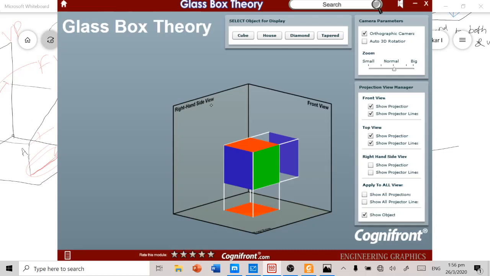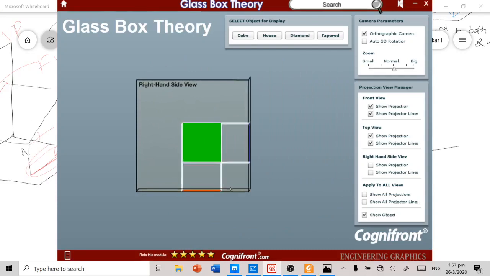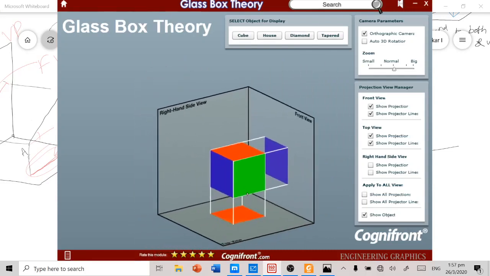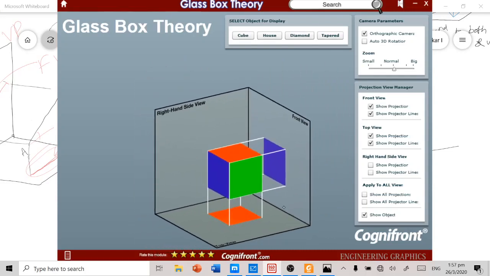Later we can use this auxiliary vertical plane in order to project the side view of the object. Now, front and top views only we are going to practice at the beginning, so just concentrate on this now. In the VP screen you can get the front view of the object, in the HP screen you can get the top view of the object. This is what we are going to draw on the paper, and this is your reference line.